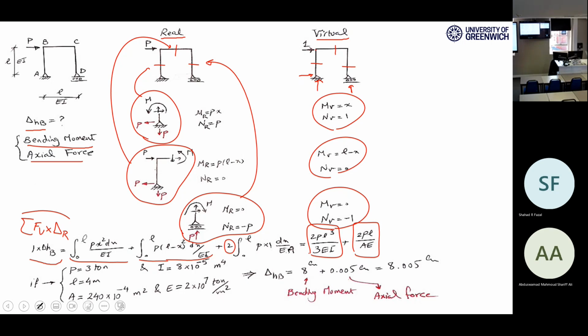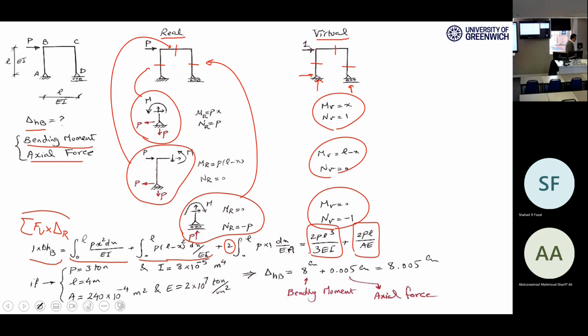And I just replaced them into these two parts of the problem. And I came up with delta HB as 8 centimeters for the first term and 0.005 centimeters for the second term. Altogether it will be 8.005 centimeters.